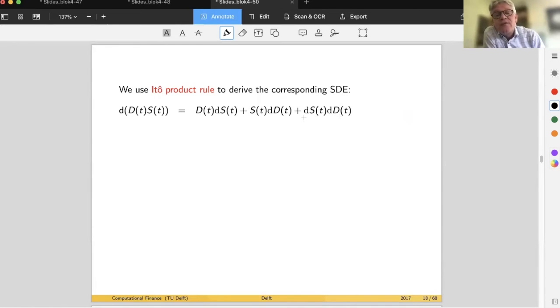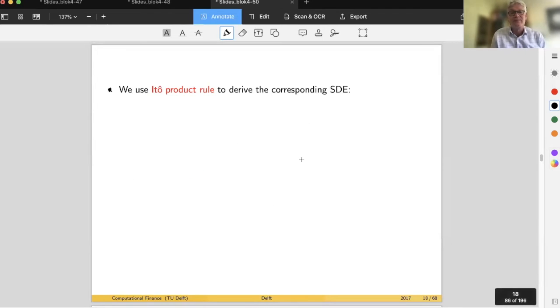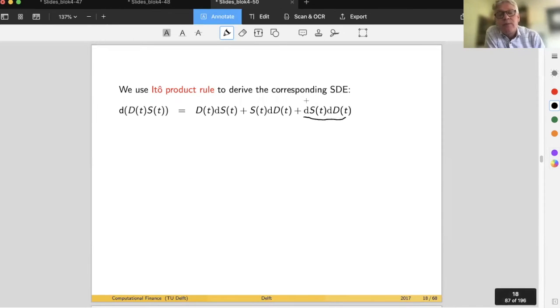Now, if we think of this last term, it's relatively easy to see that it is equal to 0, because the change in discounting was a dt term. If we multiply that by a dW term, we end up with the cross variation, and if we multiply that with a dt term, we get dt squared, and that was equal to 0. So this term will not give us any contribution in our Ito product rule. We only need to look at these two.